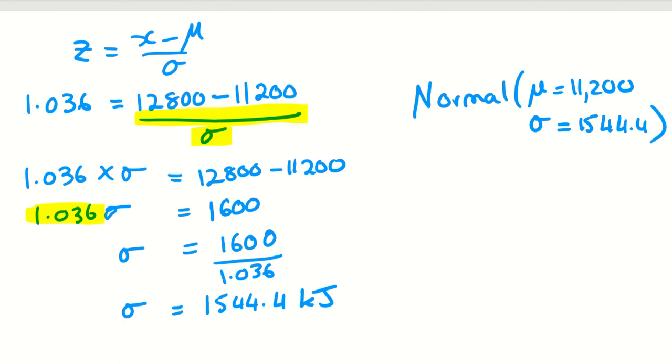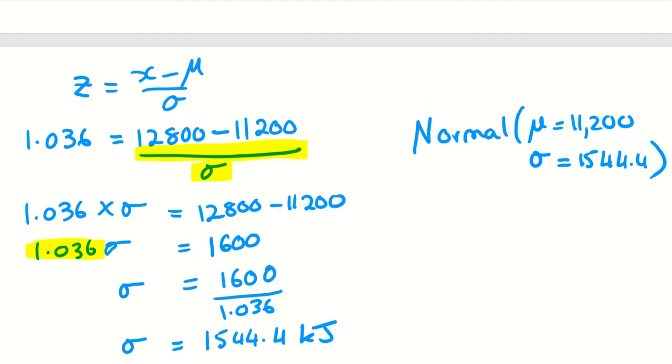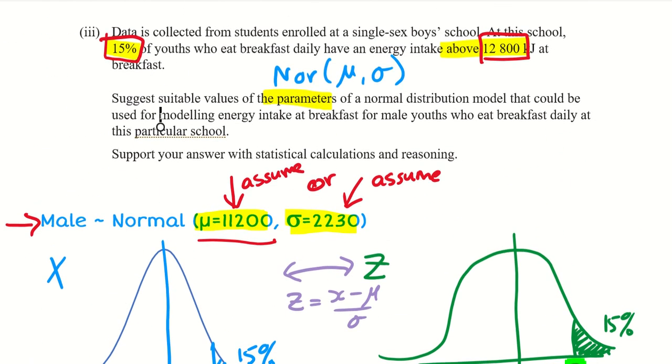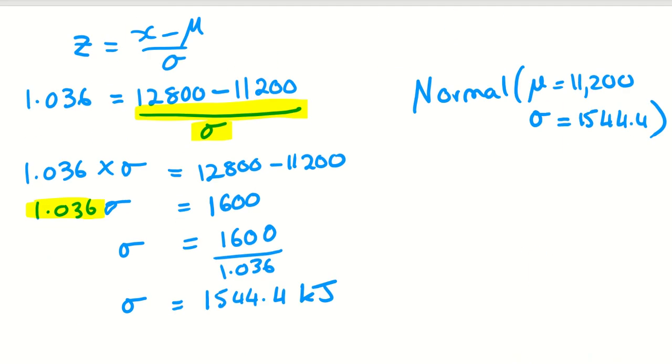So that's one possibility. Now remember, I said that we can either assume the mean is 11,200 or we could assume that the standard deviation is 2,230. That is the other way we could go about this.